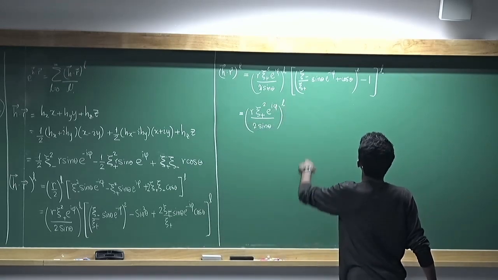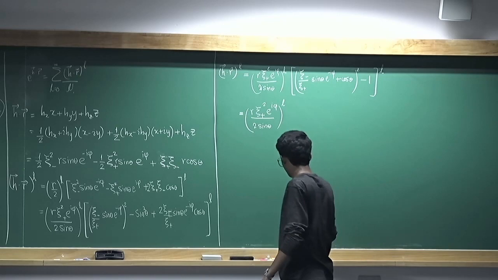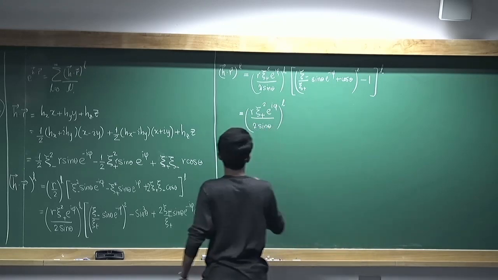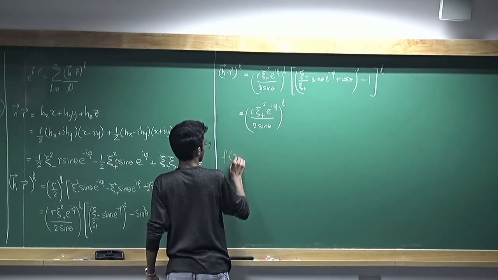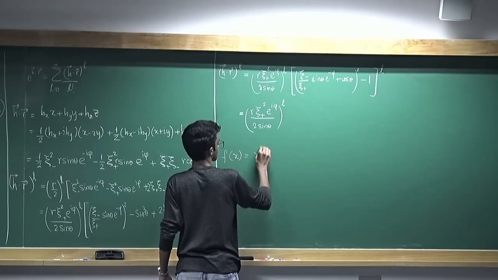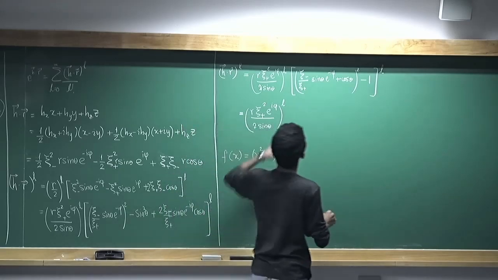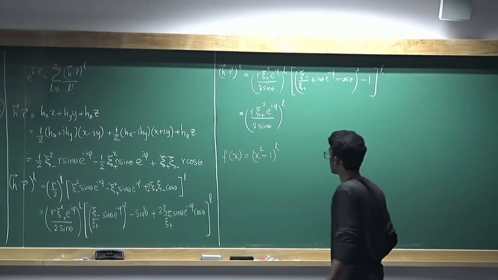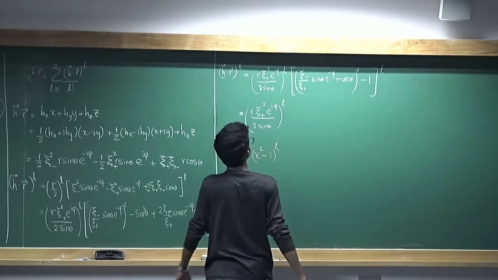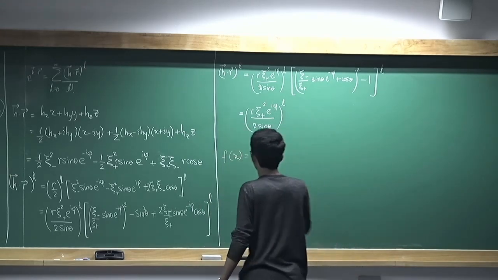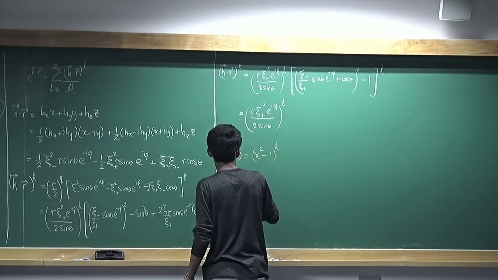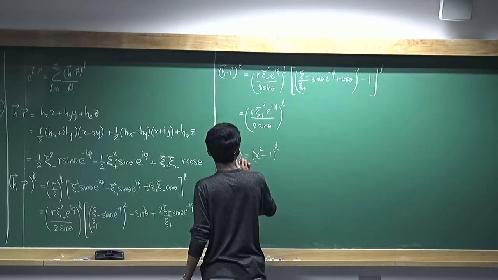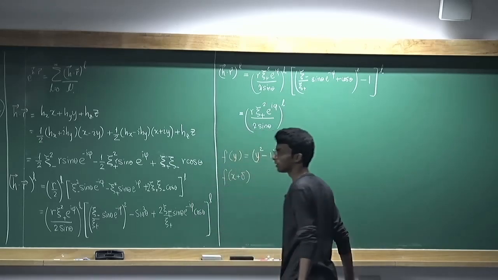So let's treat this as a function that looks like this. Let me write it here. F of x, the function here, is x squared minus 1 to the L, where I'm treating this whole thing as x. And so then f of x plus delta, maybe I should call this y, let me call this y to avoid confusion.